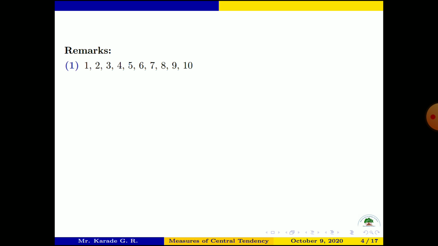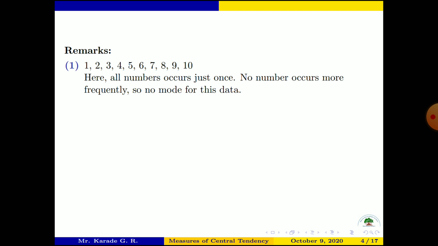Here there is no repetition of any number, therefore there is no mode for this data. All numbers occur just once, no number occurs more frequently, so no mode for this data.